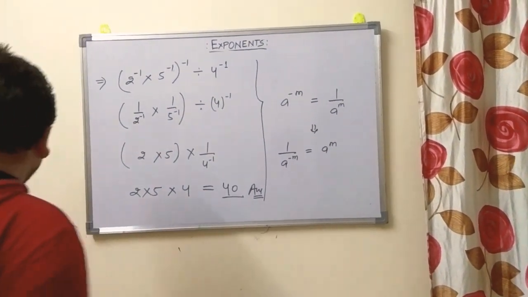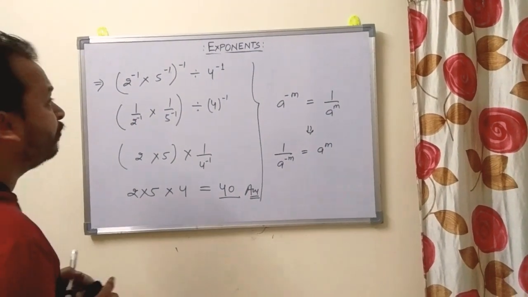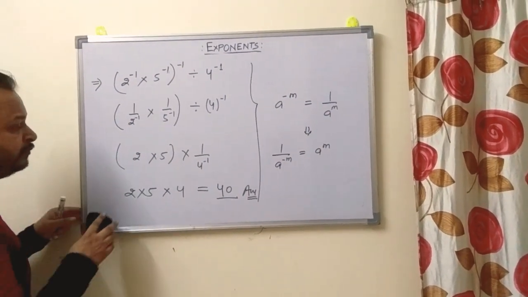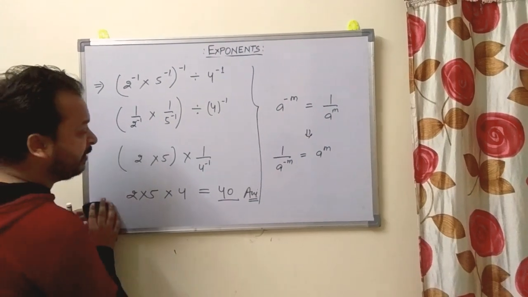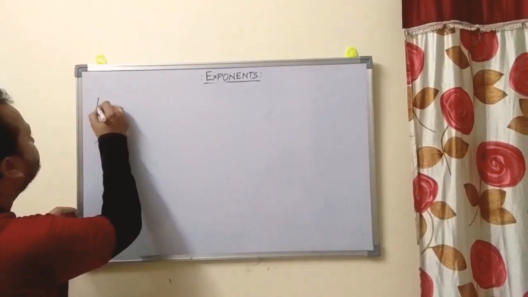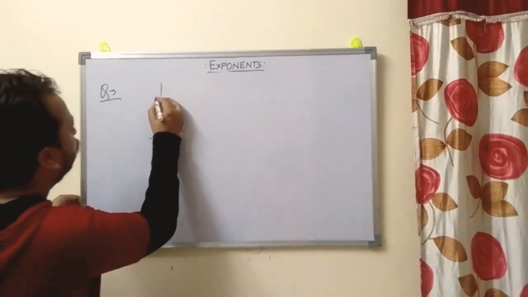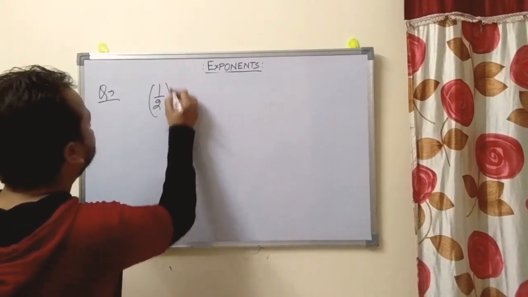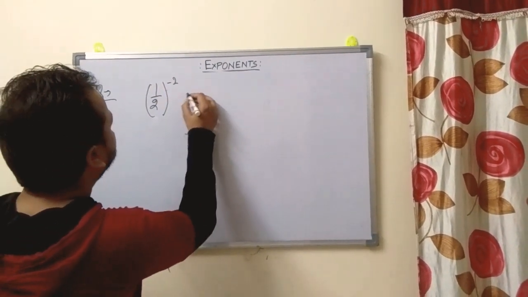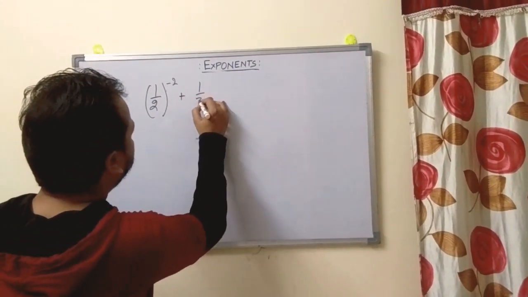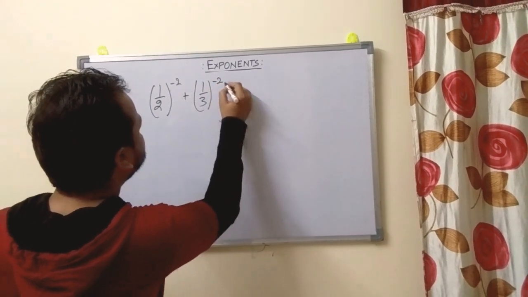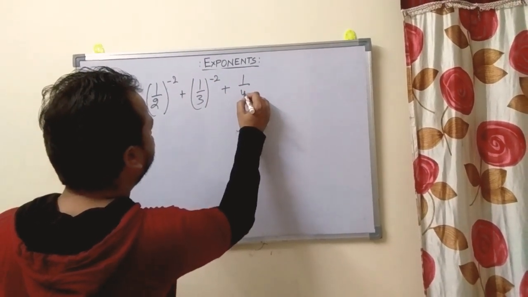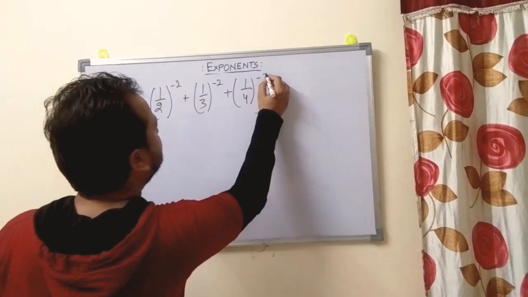So come to last question, what I am going to give you, and you have to solve it and send me the solution. Question is 1 by 2 power minus 2 plus 1 by 3 power minus 2 plus 1 by 4 power minus 2.